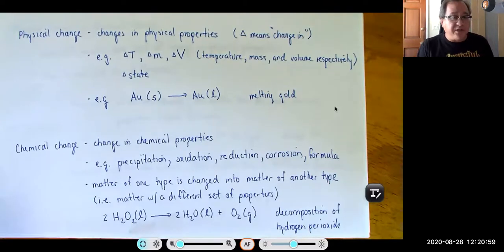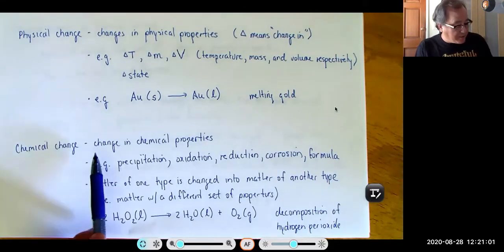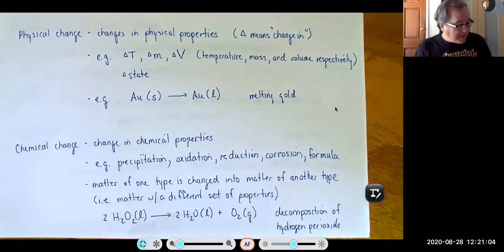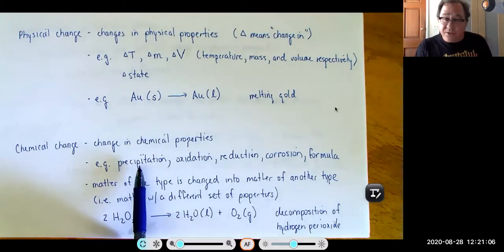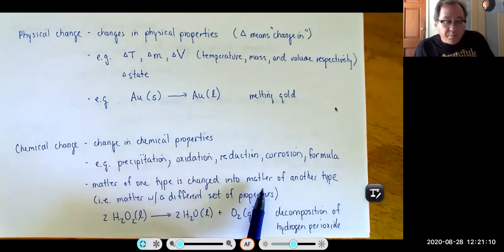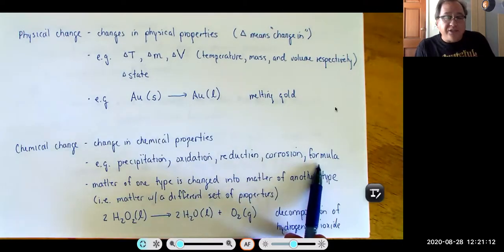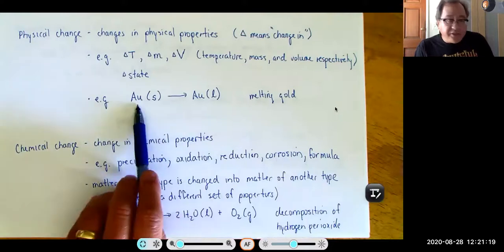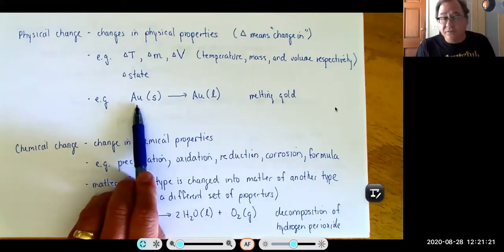Now, chemical change, on the other hand, is a change in chemical properties. That might include something like precipitation, which we'll be learning about, oxidation, reduction, corrosion. More importantly, for now, you want to know that a change in chemical properties means it's a change in formula. If we look above, do you see that the formula for gold is Au, whether it's a solid or a liquid?